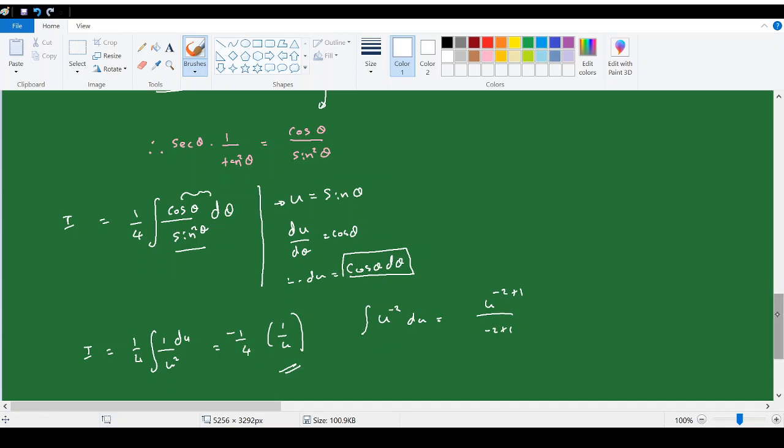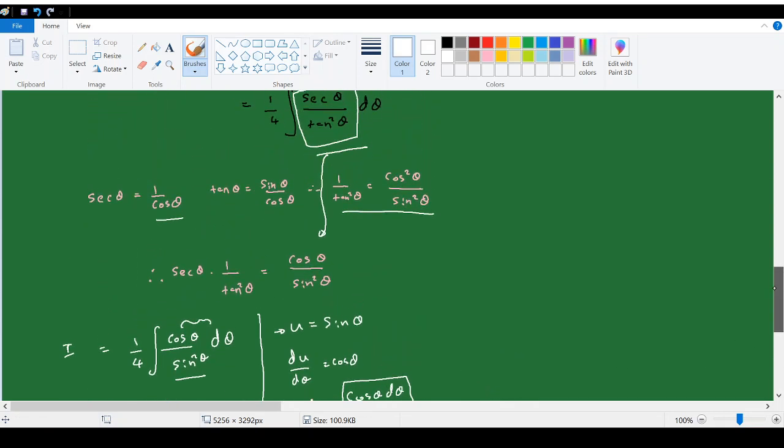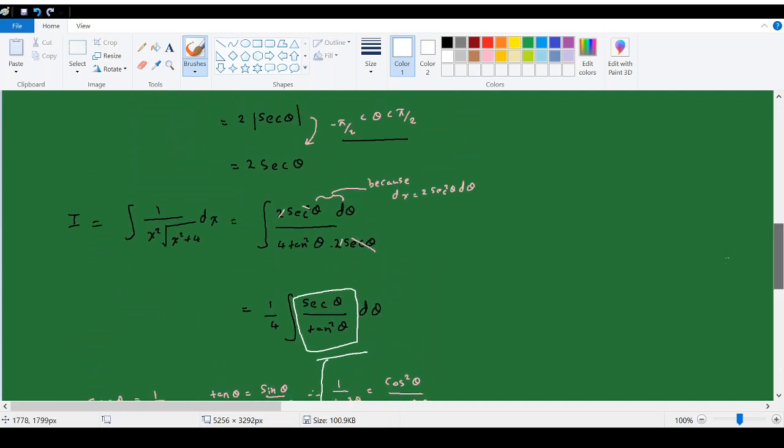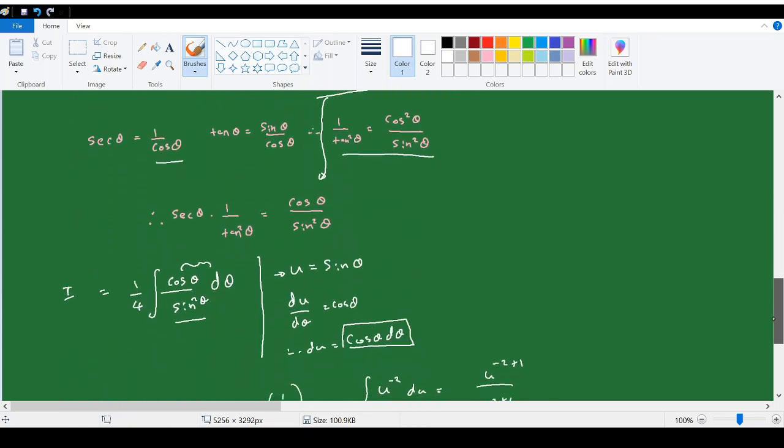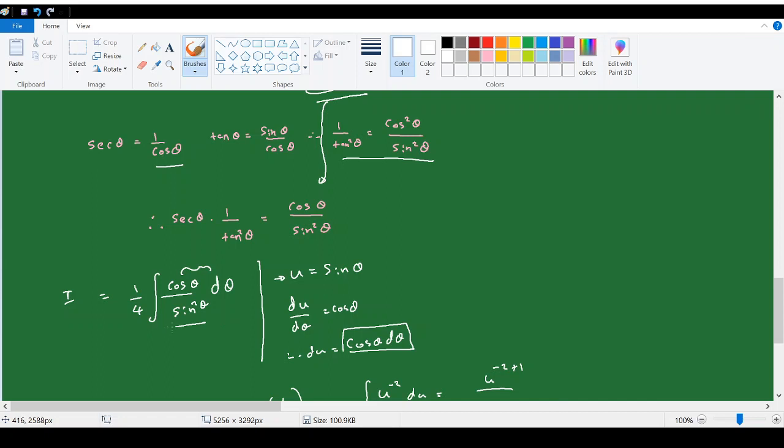But see, we have two substitutions in the middle. Now we started with x, and because of this square root thing, we converted everything in terms of theta, but then again we were unable to find, although it simplified a little bit, we were unable to find an exact answer for this integral.